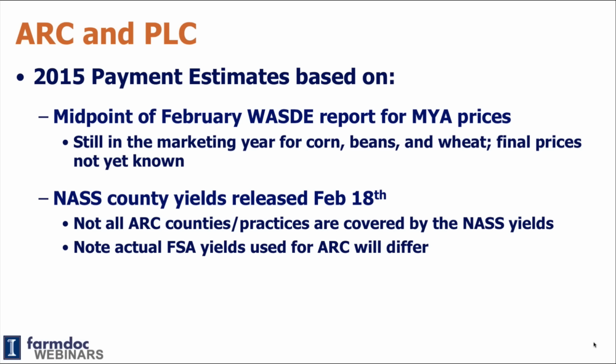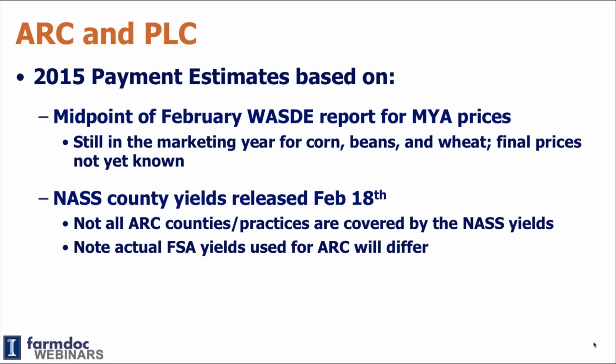On the yield side, again, we don't know what those final yields will be that FSA will use for counties with ARC programs. So what we're going to do is take a look at the NASS county yields that were released last week, just to try to get an estimate of what we think the neighborhood of those payment levels will be in different areas of the country.